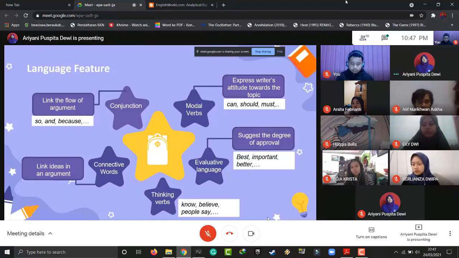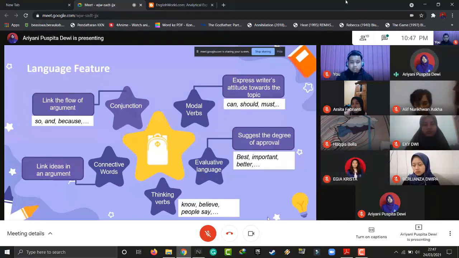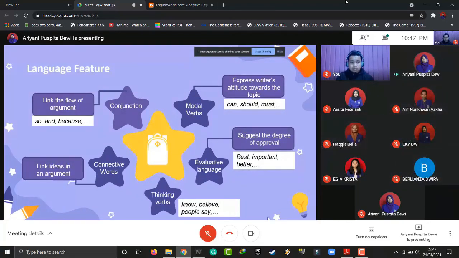And then the last is connective word. The connective word and the conjunction almost have the same function. Both of them connect arguments in the text, but we know conjunction is more like connecting two sentences within the paragraph, but the connective word is connecting the argument from different paragraphs.